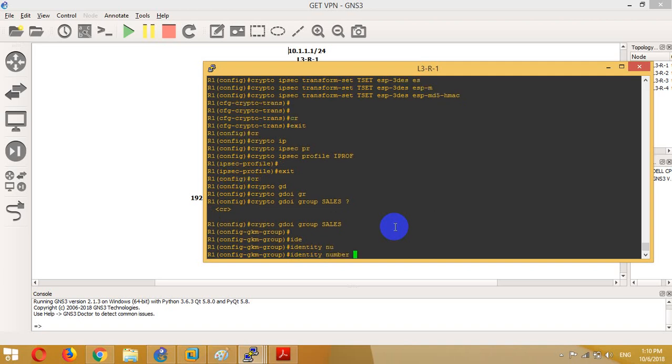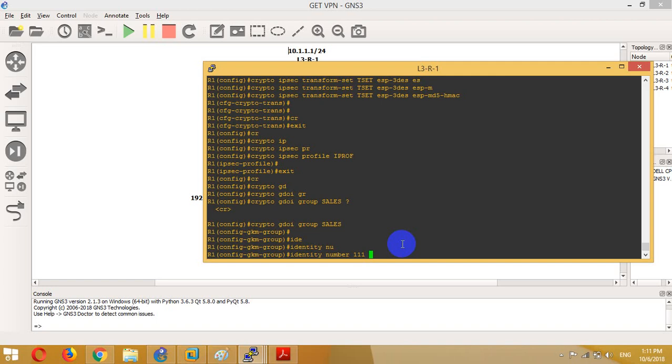What is the identity number? 111, for example. This identity number must be the same on the other group member routers, because by this number the other routers come and register, or find their key server router.